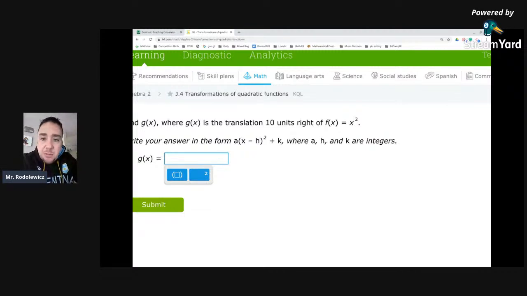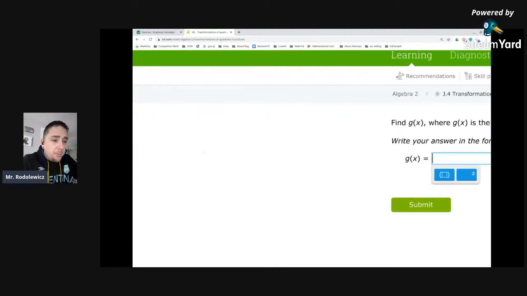Translate, again, that just means to shift the parabola 10 units to the right. Ooh, right is horizontal. I need to go inside a group, inside opposite. So normally I would think moving to the right means to add 10, but I'm going to open up my group.